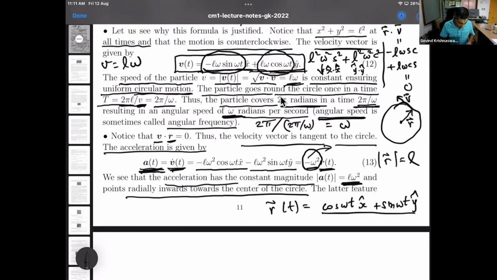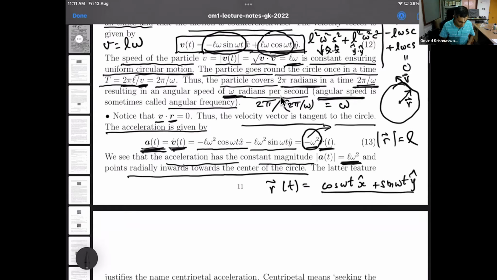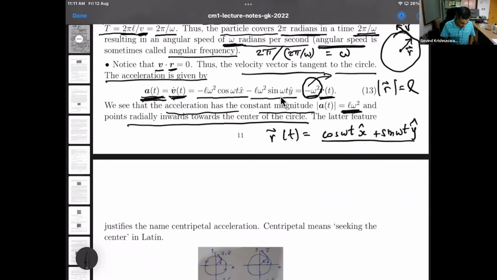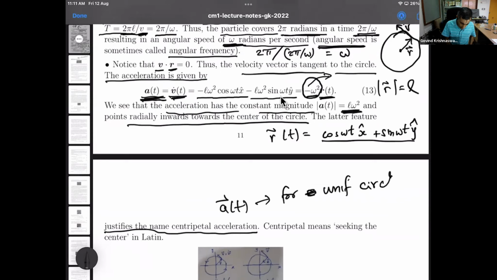This latter feature, the acceleration pointing inwards, justifies the name centripetal acceleration for A of t. Yes, that's important: we are considering uniform circular motion, and the acceleration is centripetal.